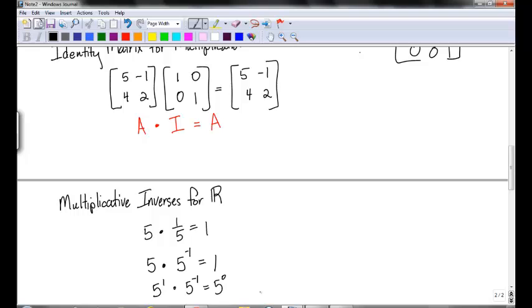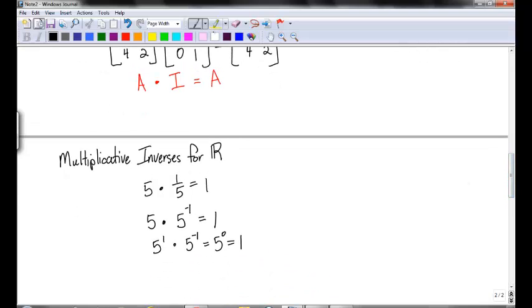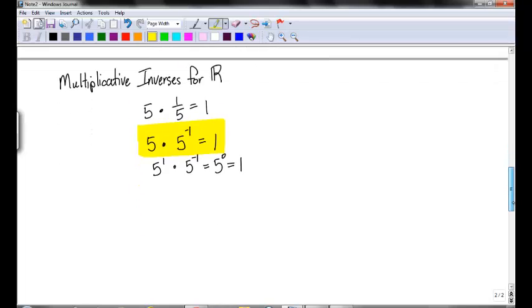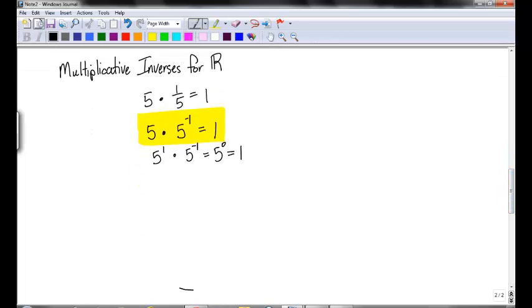But what's anything to the 0 power? 1. The only exception is 0 to the 0 power is undefined. But this is the one we're going to look at. You're used to this from Algebra 2. That's multiplicative inverses for reals. Now let's look at multiplicative inverses in matrices.